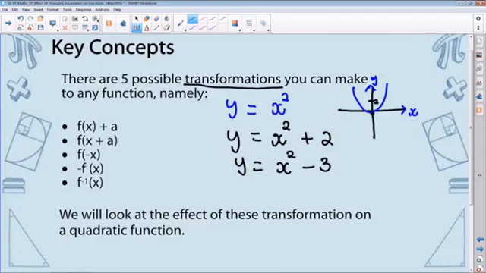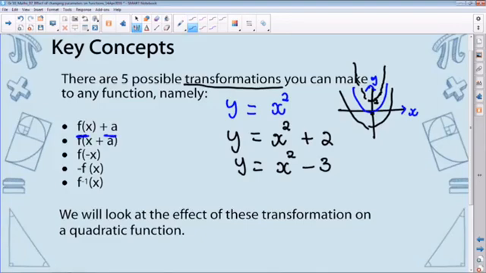So your new one is going to be there, all right? If you've got minus 3, it's going to turn something like that, okay? So you take it up or down by adding or subtracting, all right? So that is your f of x plus a.